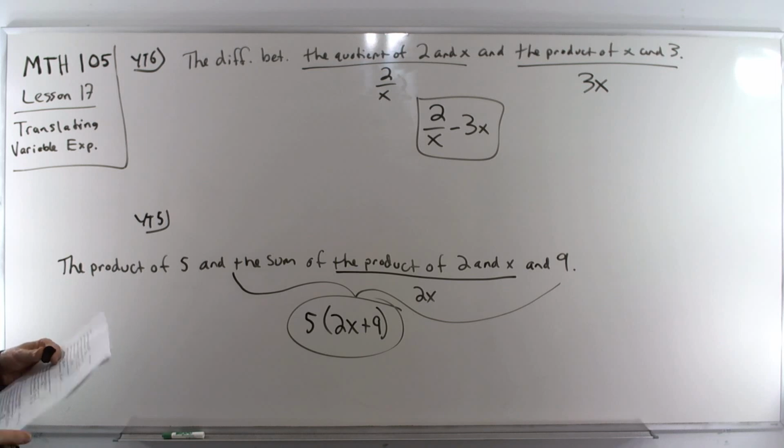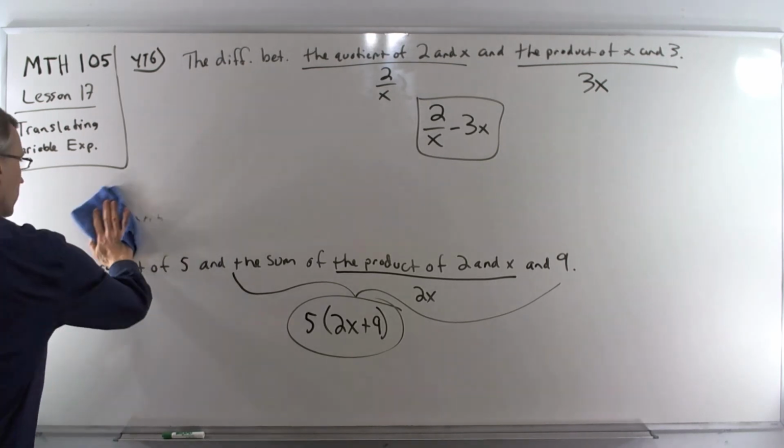Your turn, number 7. The sum of x and the quotient of the difference between x and 8 and 4.